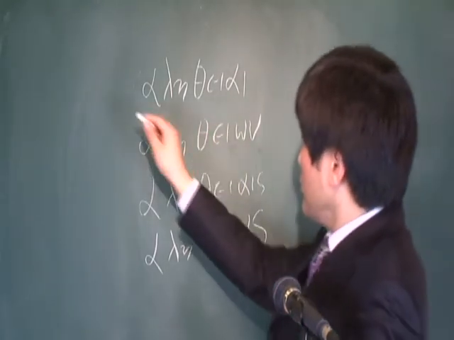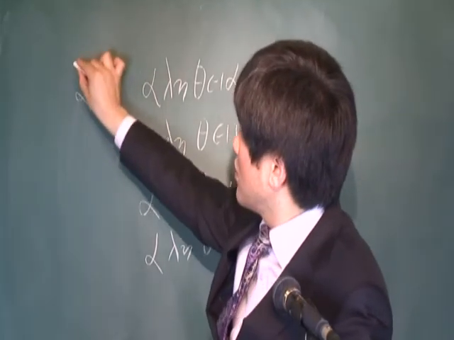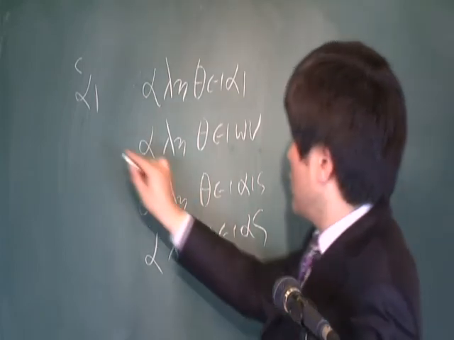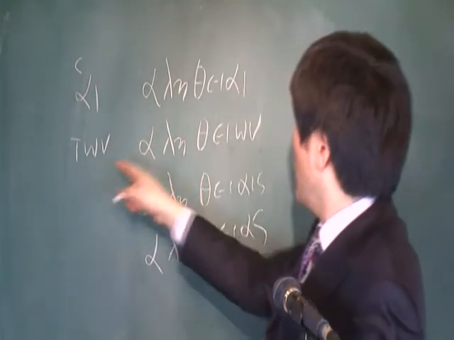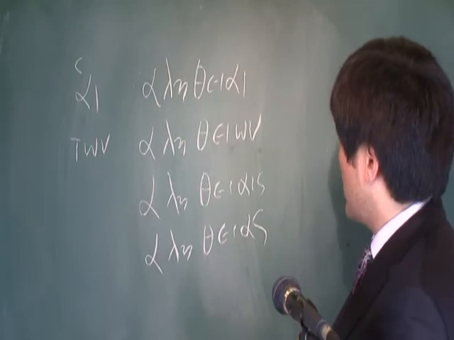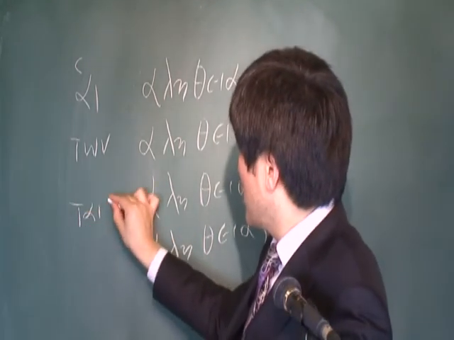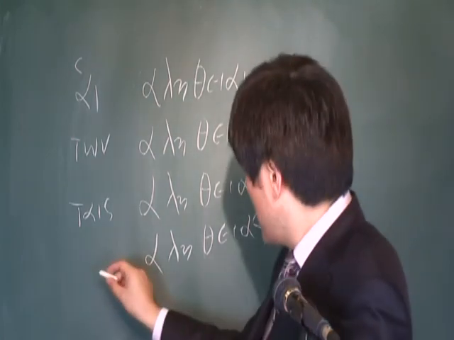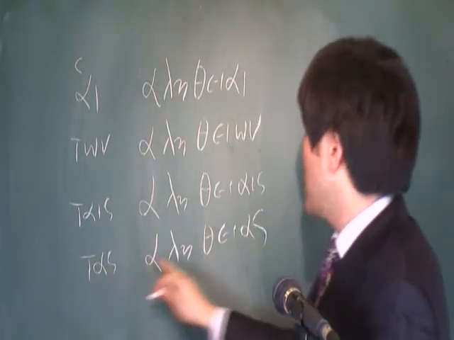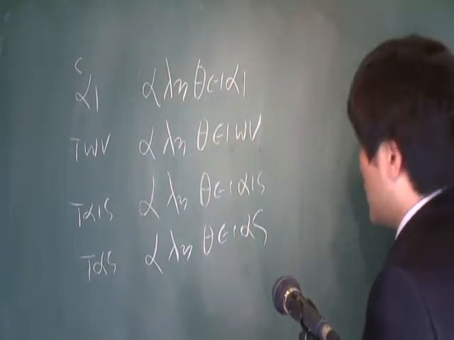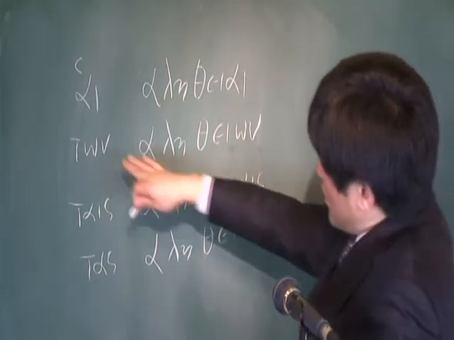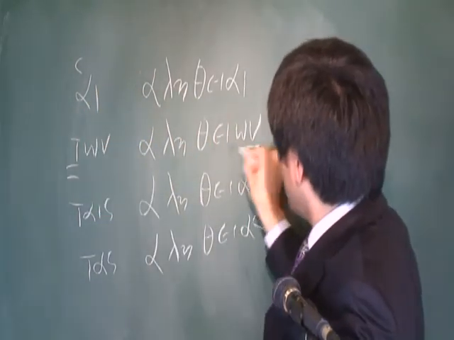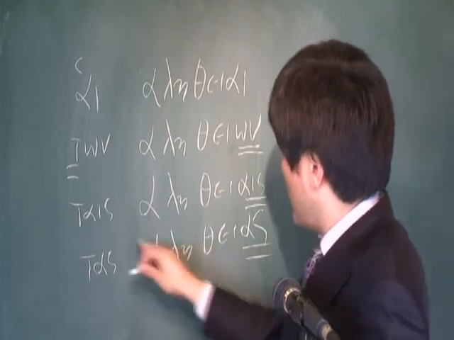Then let's memorize just the definite articles. Please read along. To, tou, to, to, ta, ton, tois, ta.